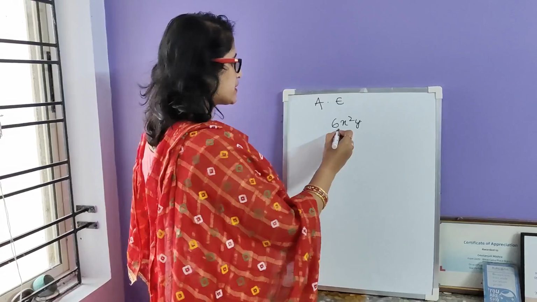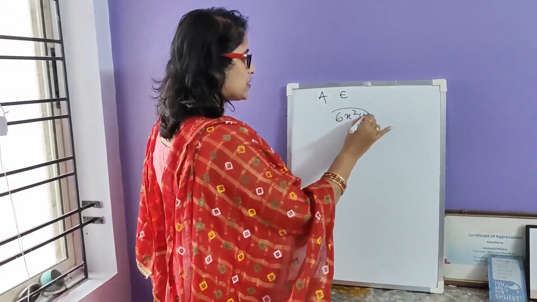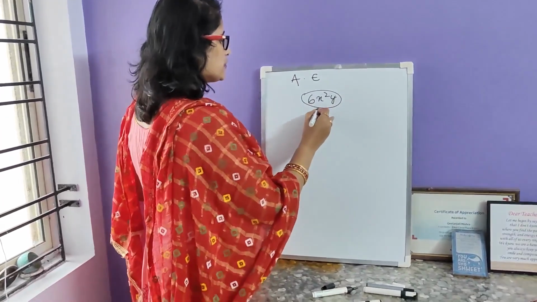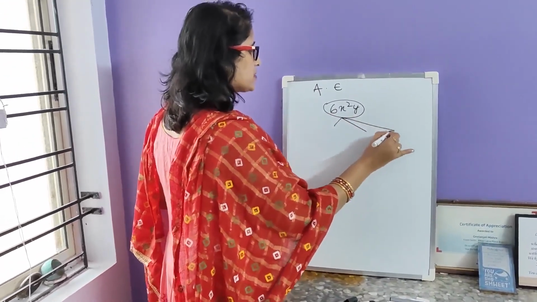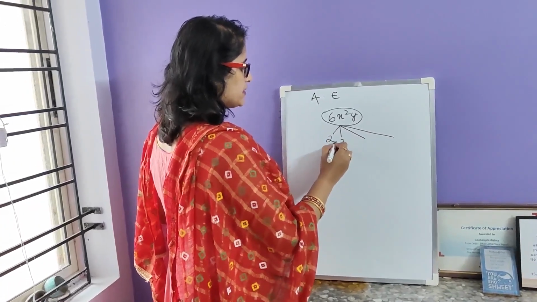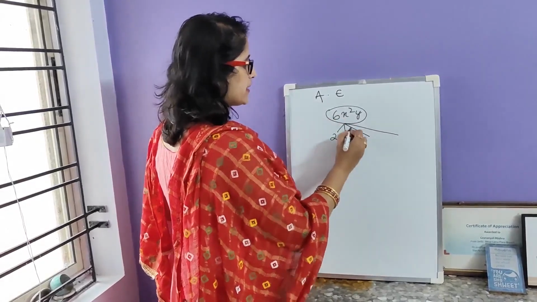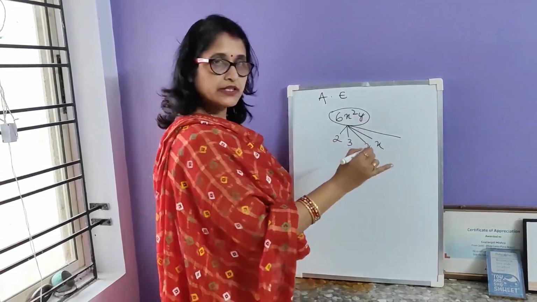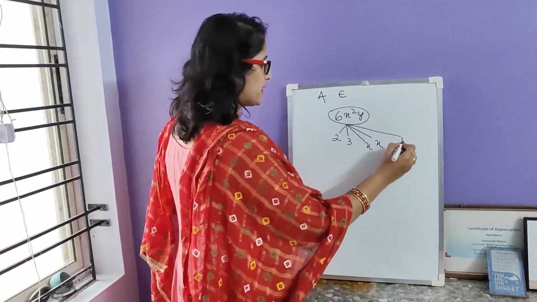This is one term. How will we factorize it? We can just write the factors of this: 2, then multiply by 3, 2 times 3 is 6, then x, another x, because x square is there, then y.